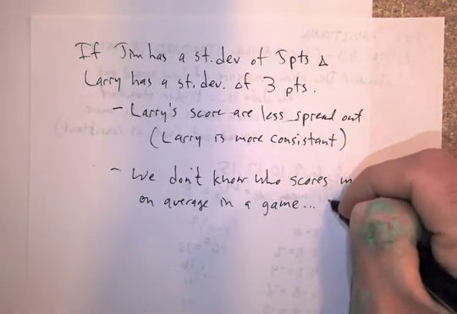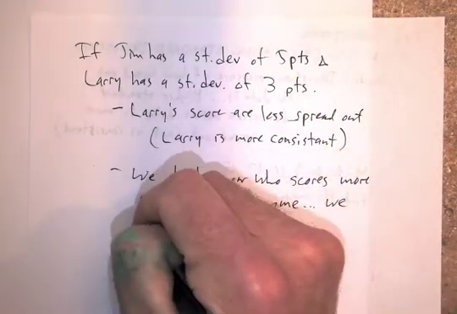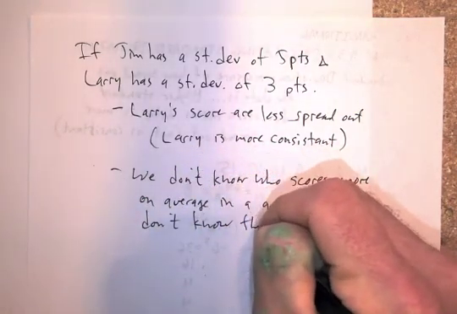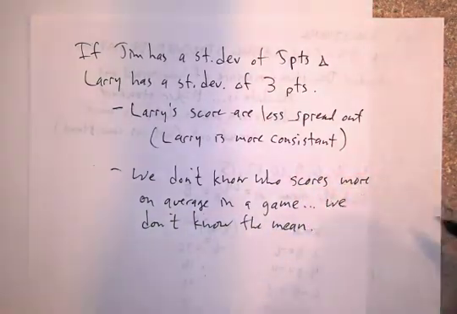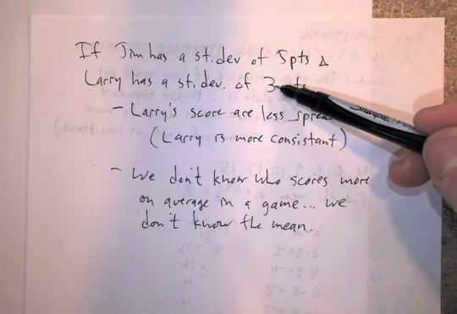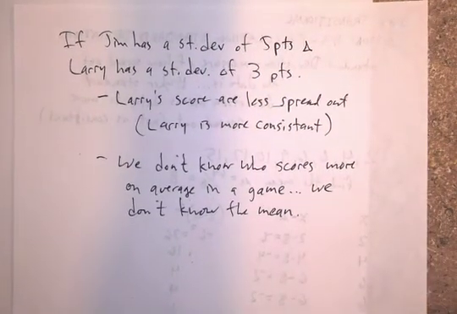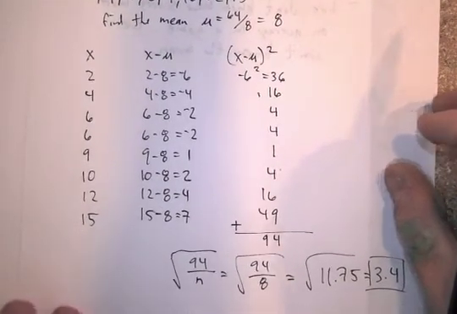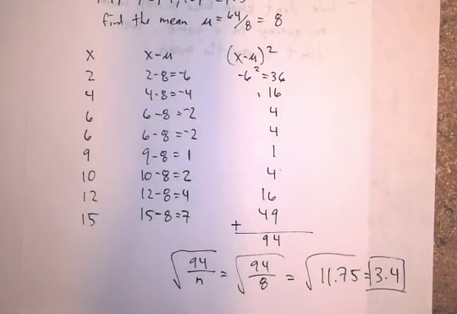We don't know the mean. That's the other thing. They didn't tell us that. All right. All we know is that Larry is more consistent because his standard deviation was lower. Okay. So for now, you just got to be able to calculate it. Just follow these steps out. And that's all that's on your assignment for today.